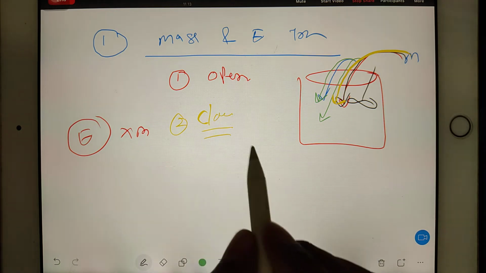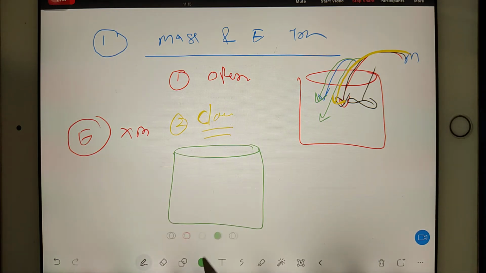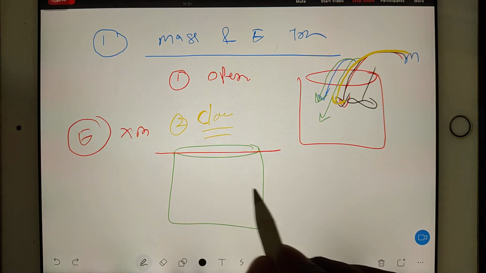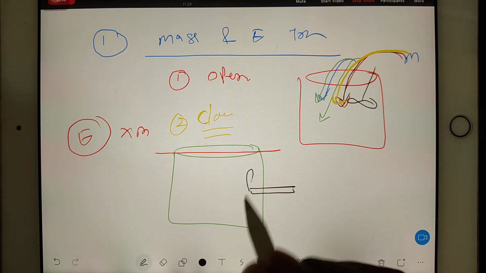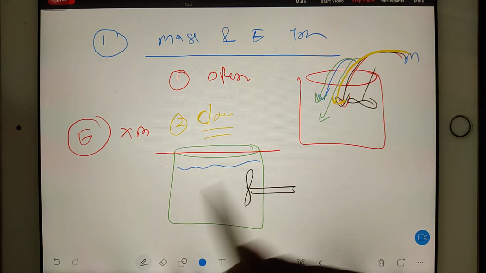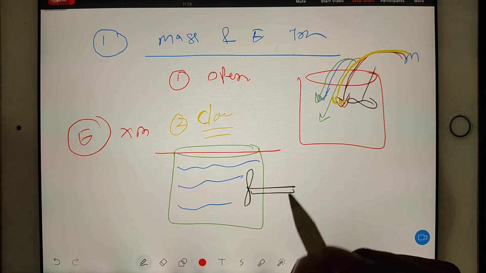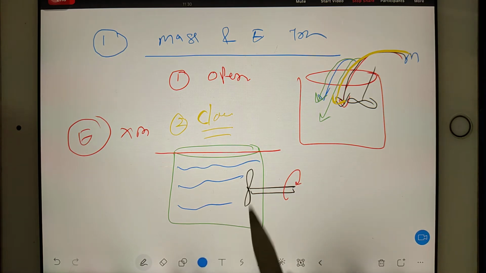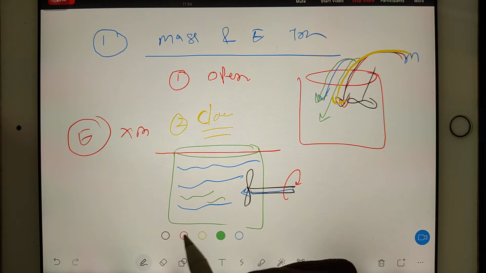For example, there is a closed system, and here I have closed the system. There is no way for mass to go in or go out. I will put one shaft here, and one fan here, and suppose there is water, and from the outside I rotate the fan. Then work will go inside, and after some time the water will heat up.